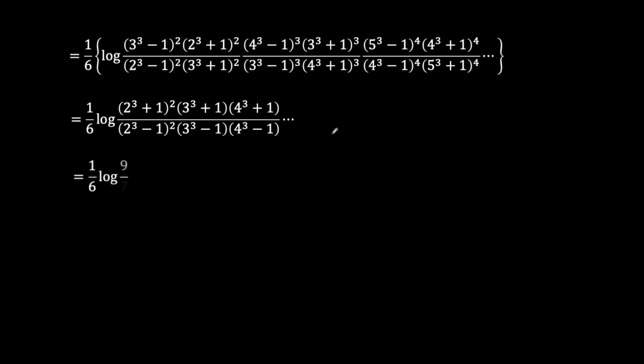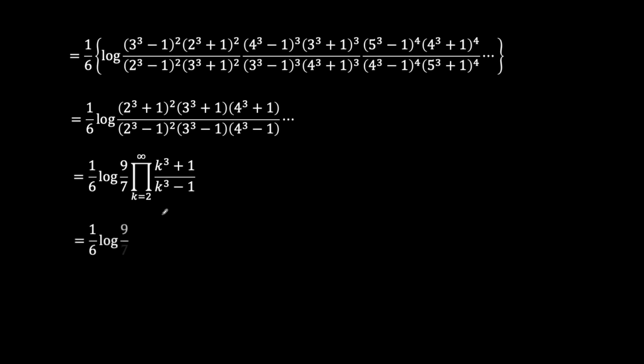So the thing we could also express is now we can remove 1 because there are 2 here, there's a square here, and obviously 2 cubed plus 1 is 8 plus 1, which is 9. 2 cubed minus 1 is the same as 8 minus 1, which is 7. And then you have this product sign from k equals 2 to infinity of k cubed plus 1 over k cubed minus 1.